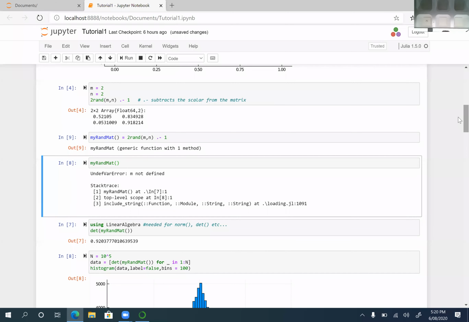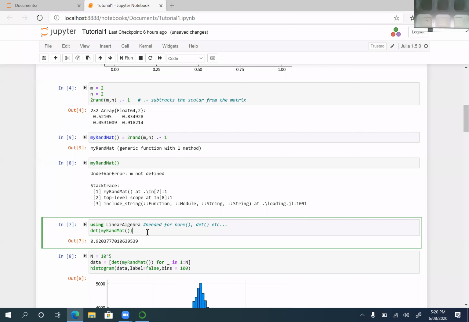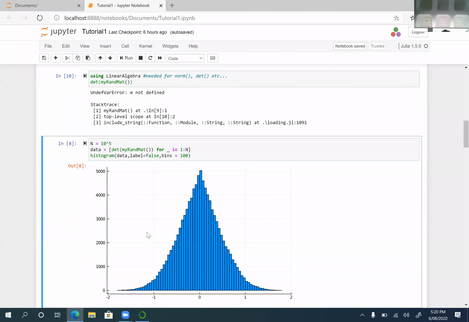All right, M not defined. Okay, I don't know. Maybe that's because I need to do using LinearAlgebra first. I can see that this seems to work. Okay, fine.